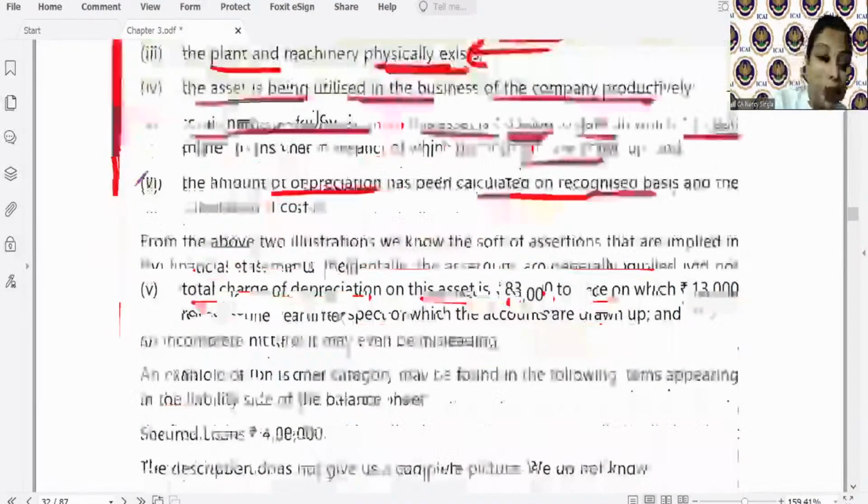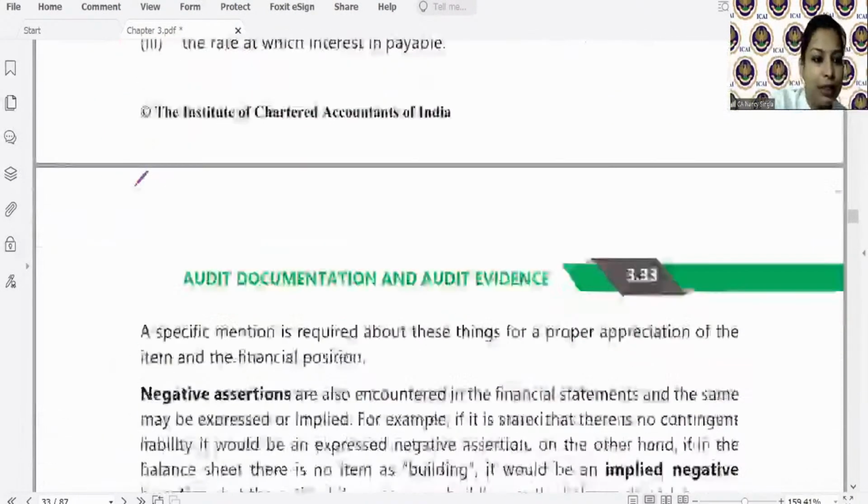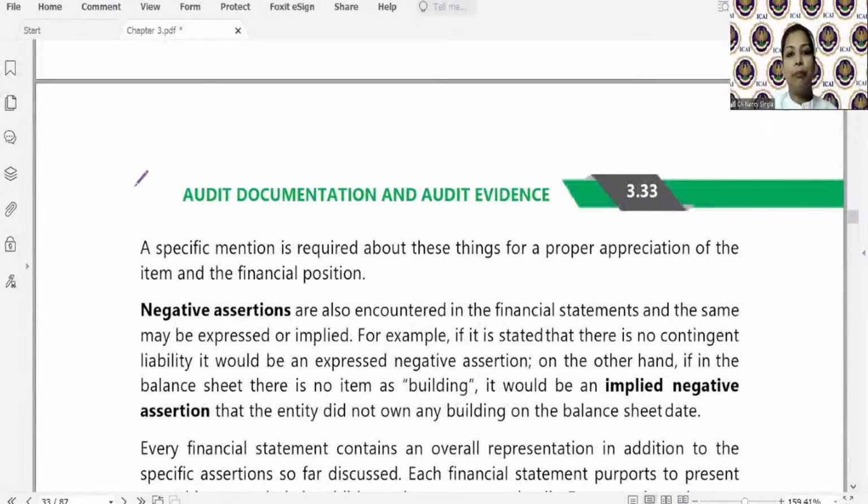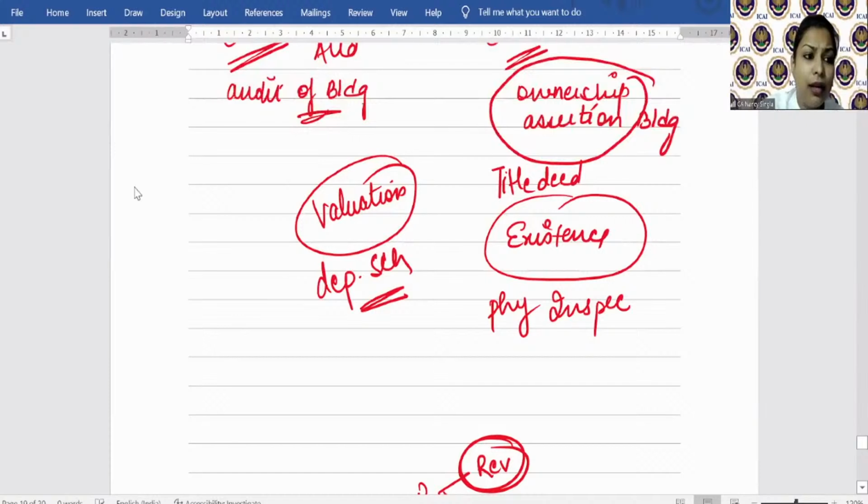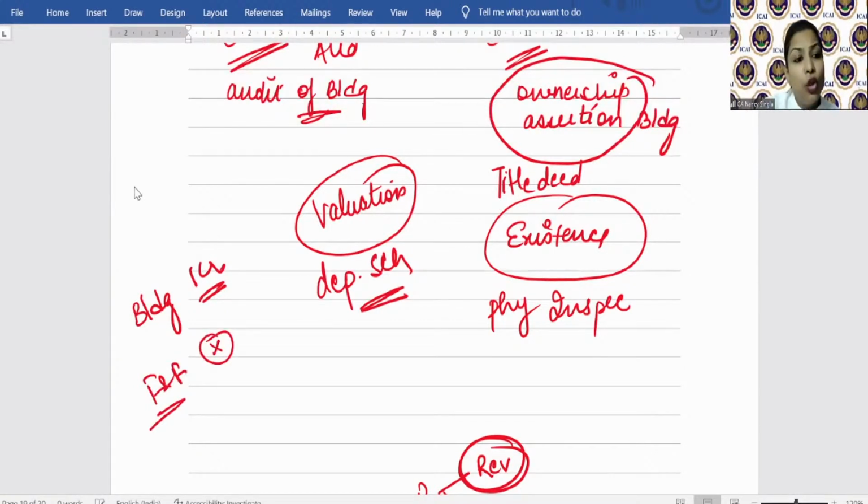ठीक है. Now with respect to ये examples, I'll give you these examples at home. Now tell me, when building is mentioned at 1 CR, फर्नीचर एंड फिटिंग्स कुछ भी मेंशन नहीं है बैलेंस शीट में. तो this is what it implies, that there is no furniture and fittings. ये थोड़ी ना इंप्लाई कर रहा है कि फर्नीचर फिटिंग है पर मैनेजमेंट ने शो नहीं किया, ऐसा तो नहीं है ना.